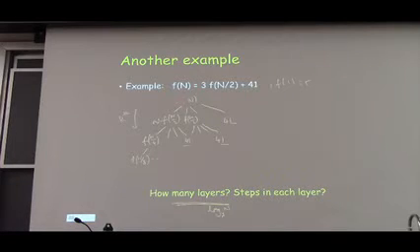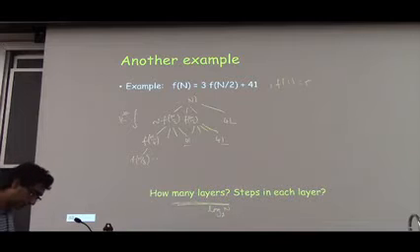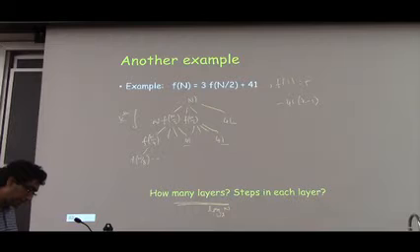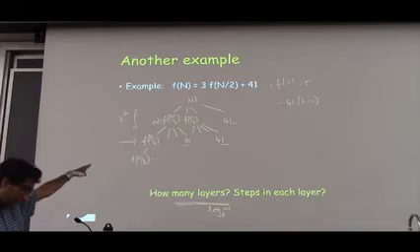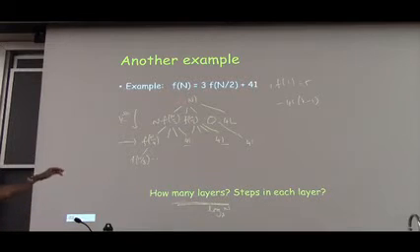Maybe, since the answers are different, I think it's 41 times k minus 1. But you see, even for k equals 2, this is the layer. You actually have 3 different things.